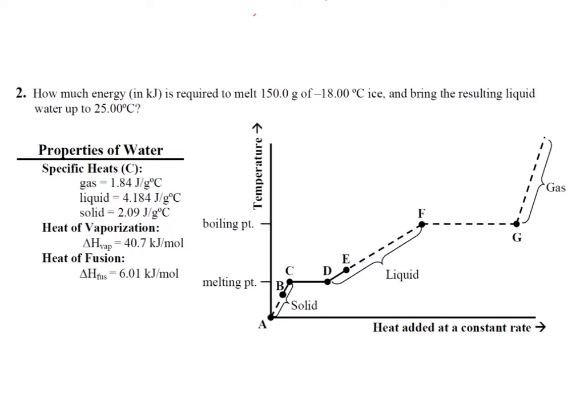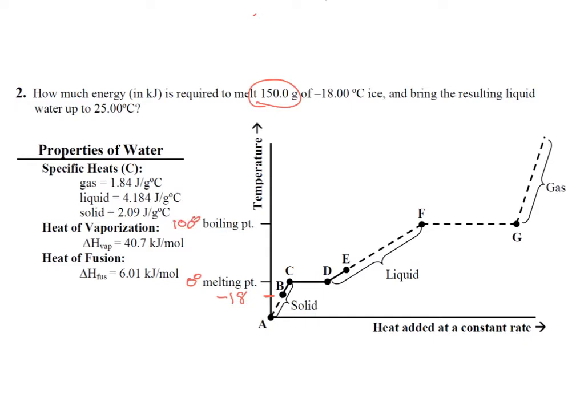All right, so let's read the question. We have 150 grams of water, H2O, and the temperature is originally at minus 18. We know the melting point or freezing point, same thing, for water is 0 degrees, and the boiling point is 100 degrees.